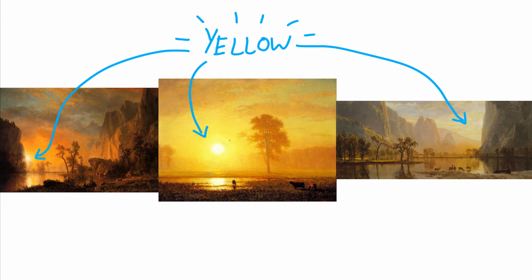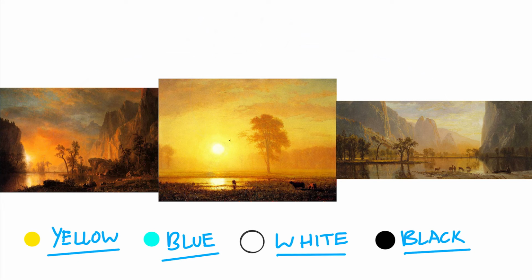The other thing I noticed is that for the full color palette, the most commonly used colors in all three paintings we see here today are yellow, blue, white, and black. Now I'm going to explain a little bit how I would categorize these color palettes, because sometimes when I mention blue, white, and black, they're not exactly the actual colors.